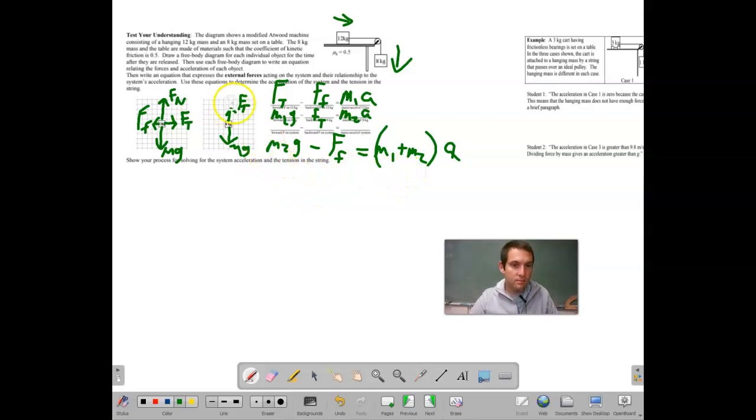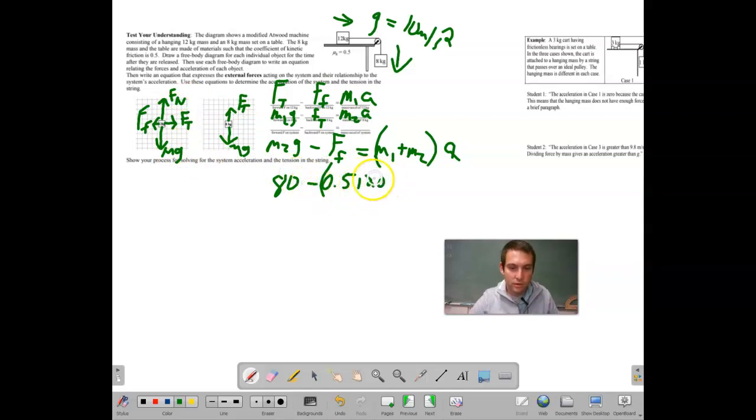Here you can substitute in your numbers, if you like. Let's go ahead and do that. m2g, so that's going to be 8 times 10 is going to be 80. Now this is free response, so yes, you could and should use 9.8. But if you use 10, that's okay, as long as you put somewhere g equals 10 meters per second squared. So we're covered. Frictional force. We know the frictional force is mu, which was given to us as 0.5, times the normal force, which is equal and opposite to this.